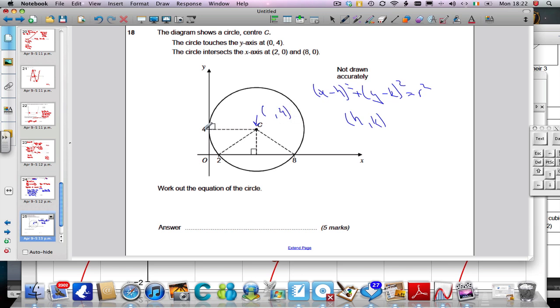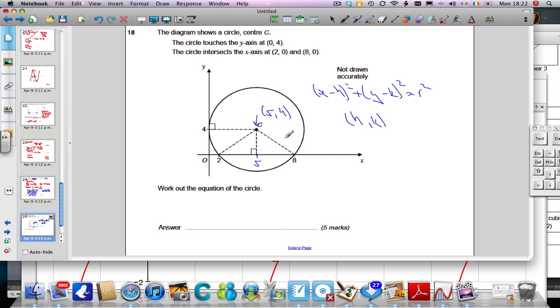So I need to get the x coordinate. The x coordinate is going to come from this bit here. And if that's 2 and that's 8, that means this bit must be 5. So basically what I've done is 2 plus 8 is 10, 10 divided by 2 is 5. Or basically I'm looking for the midpoint between here and here. So use whatever method you like. So that's (5, 4).